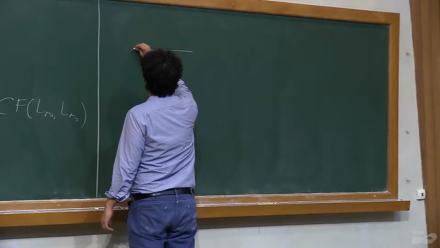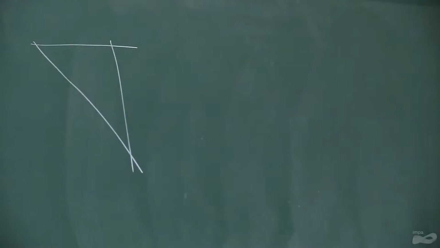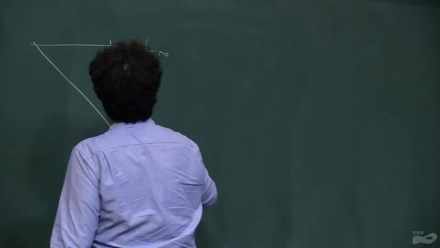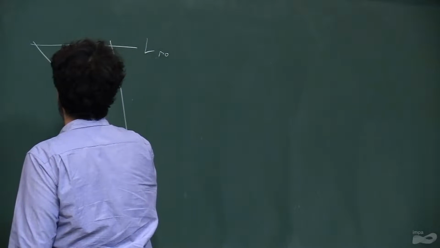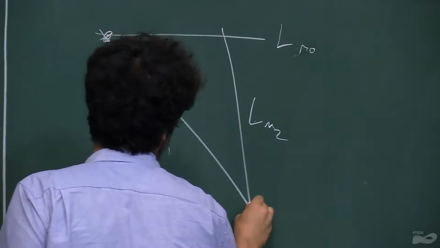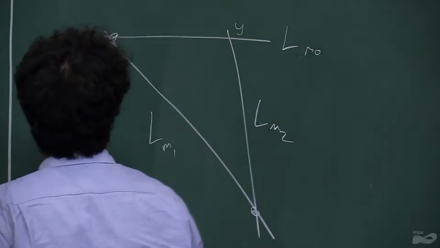So for example, it could look like this. So let's say this is L naught, L M naught, L M1, L M2. And in this picture, these would be the inputs, and then this would be the output. Right?